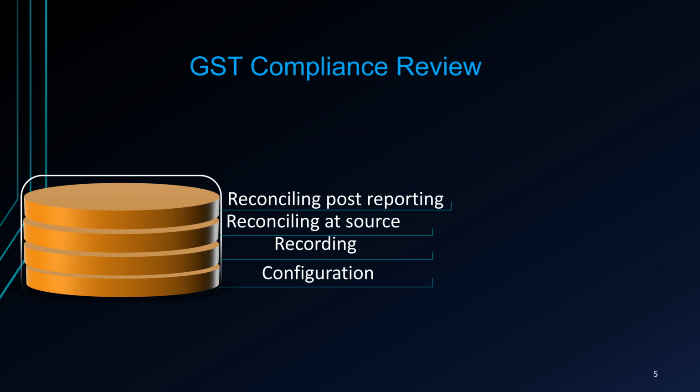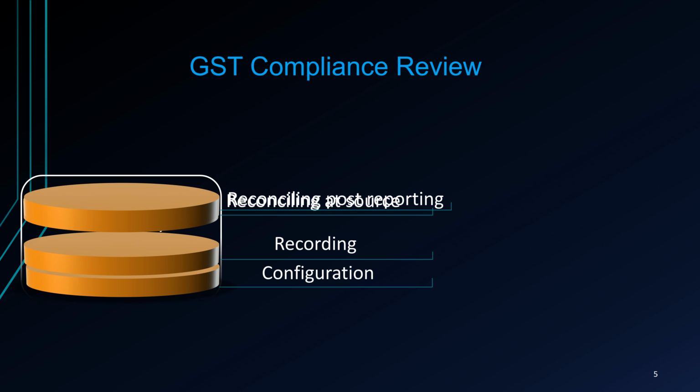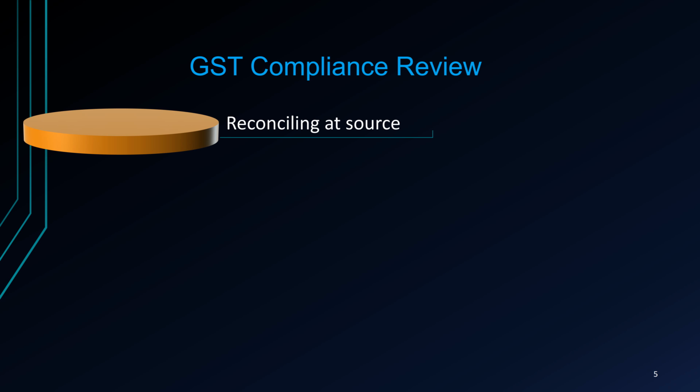Next, when we are auditing, we also look at the reconciliations which are happening at the source. These reconciliations at the source are the validation of the transactions as and when they happen. So are the configurations enough to validate the transaction? Even if someone is making a wrong classification, are there alerts?